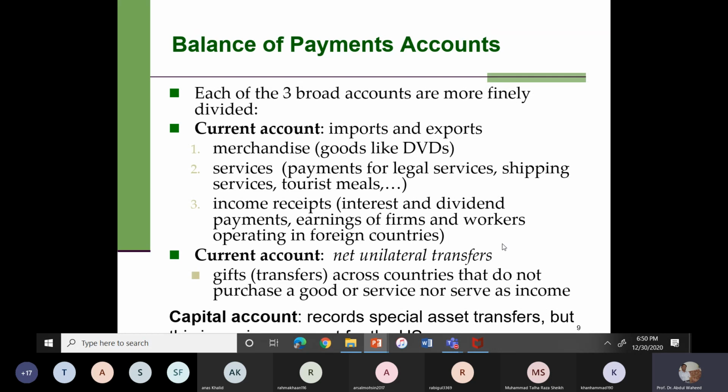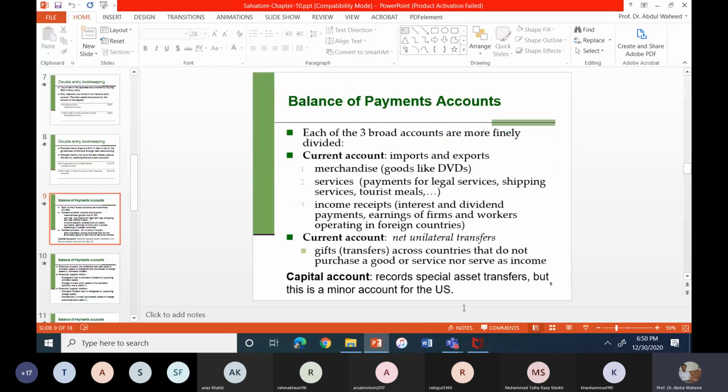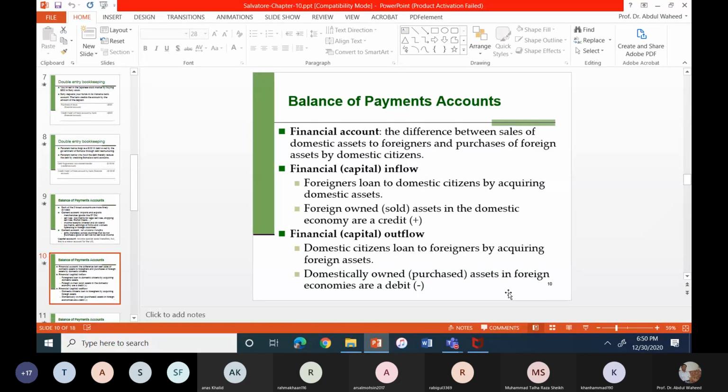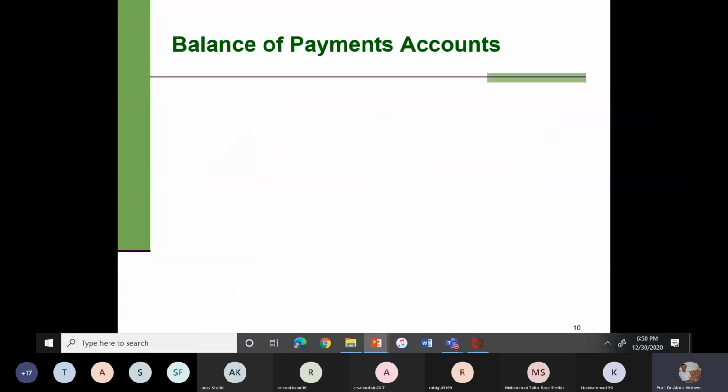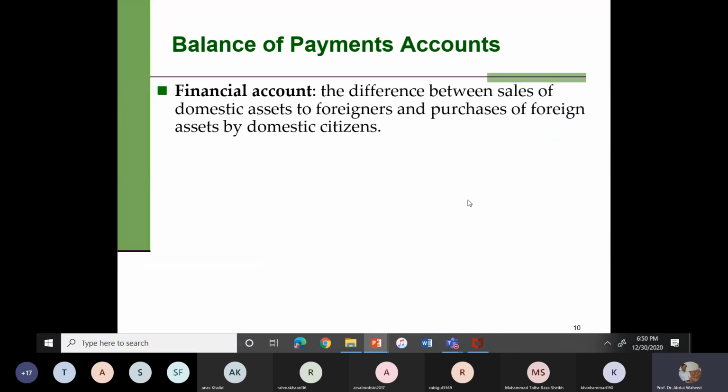Then we have the capital account. This records special asset transfers, but this is a minor account in most countries. Then we have the financial account. The financial account is a major account again.